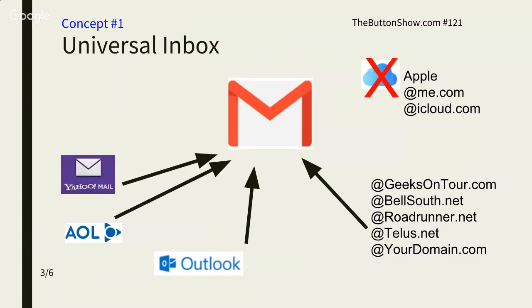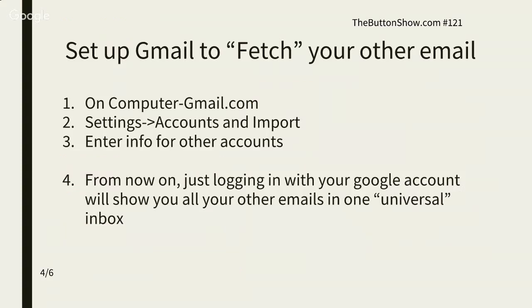All right. So, to set up Gmail to fetch your other email, realize I'm not talking about forwarding. I'm not talking about going to your AOL email and telling it to forward to your Gmail. No, I'm talking about using Gmail and asking it to go fetch your AOL. So you can do it. I'm going to demonstrate this in a minute.